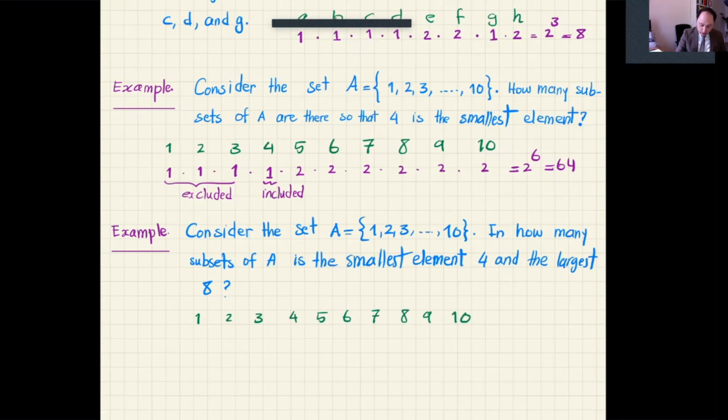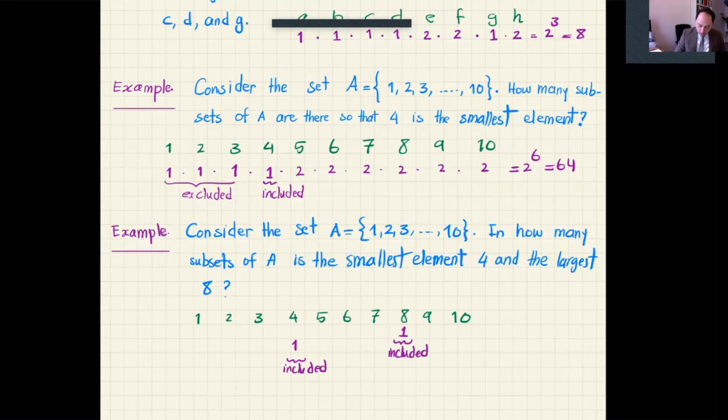Okay, so when I say that 4 is the smallest, it means that 4 has to be in my set. So for 4, I have only one option. This should be included. Okay, and then 8 is supposed to be the largest one. So there is only one option for this because this also has to be included.